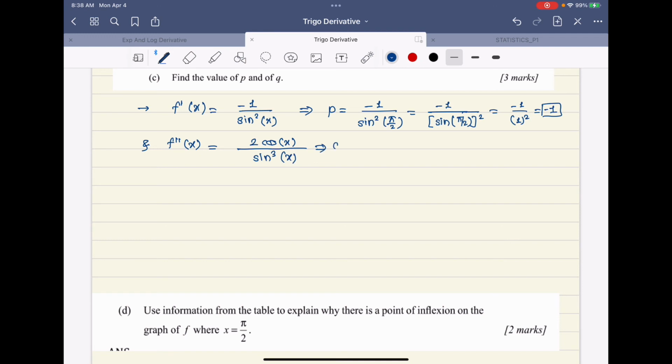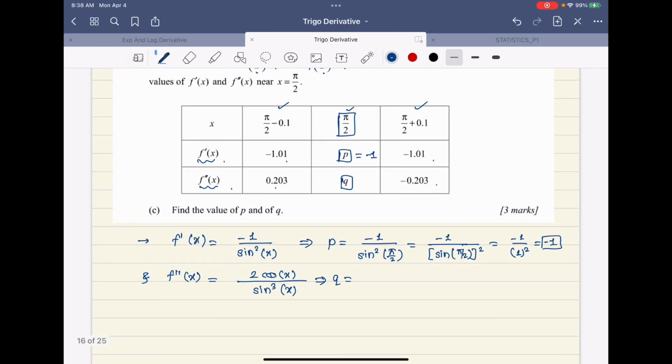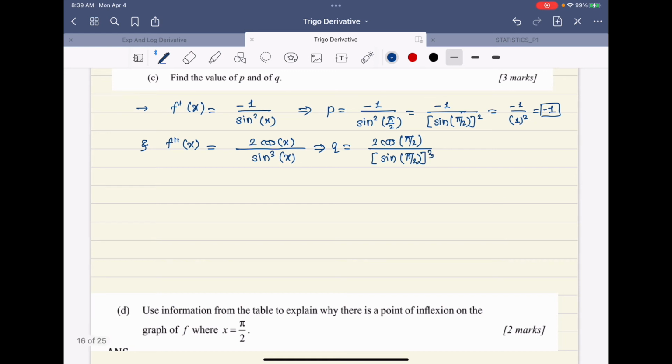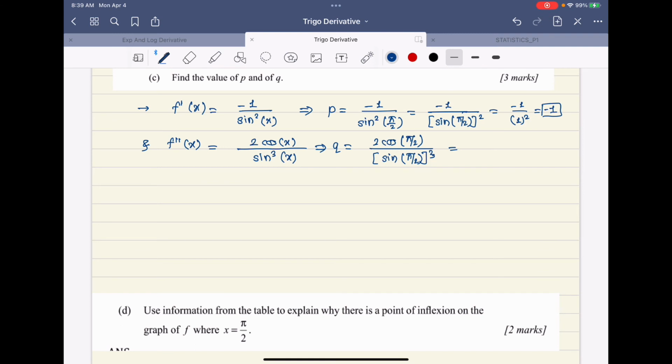Now substitute the same pi by 2 and you will get the value of q, that is 2 cos pi by 2 over sine pi by 2 bracket cube, not pi by 2 cubed, bracket cubed. Cos pi by 2, cos 90, is 0, so 2 times 0 is 0. Sine pi by 2 is 1, and 1 cubed is 1. 0 upon any number is 0, so your q value is 0.